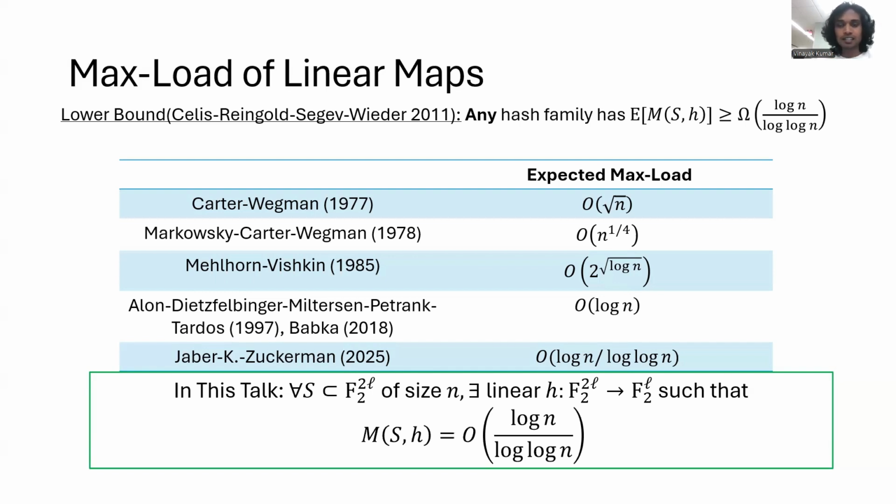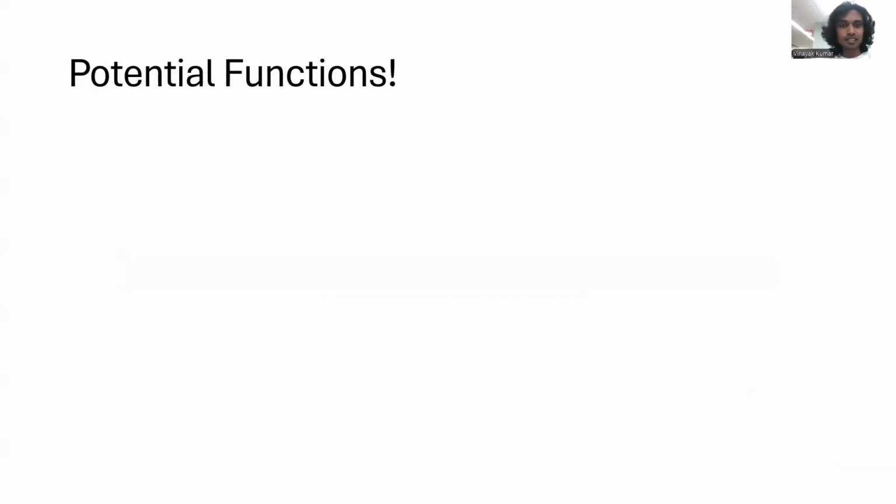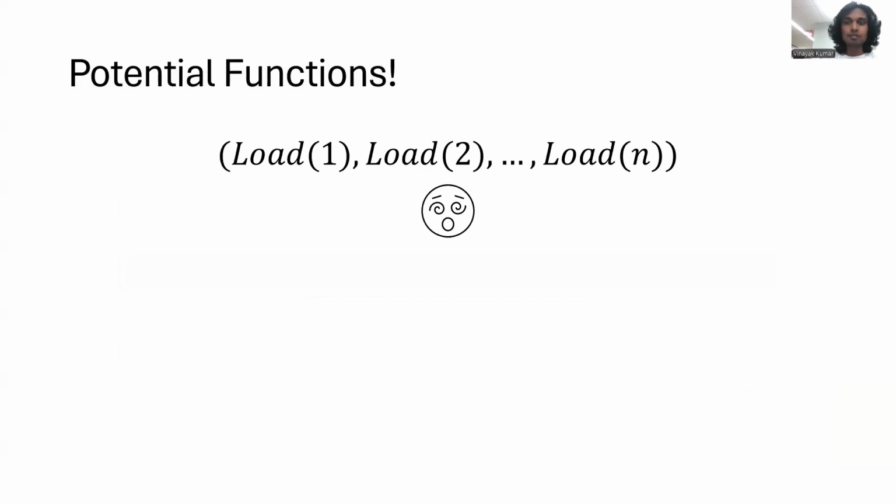So what's the key idea we use? It's potential functions. The intuition is that maybe your first approach will be to look at the tuple of n loads corresponding to the n bins, and then analyze the probability that a particular bin has load at most log n over log log n, and then union bound over everything. The issue is that these loads are very correlated.